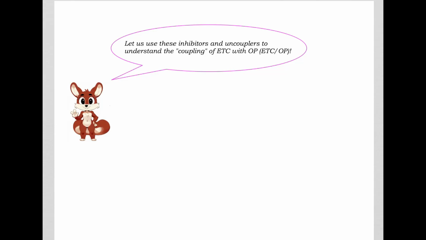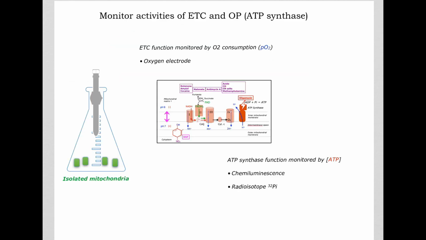Let's see how these inhibitors as well as uncouplers have been used to understand the coupling between the electron transport chain and oxidative phosphorylation. So in these experiments, we have isolated mitochondria, and these are incubated in a container, and there is an oxygen electrode that can monitor the amount of oxygen in the container.